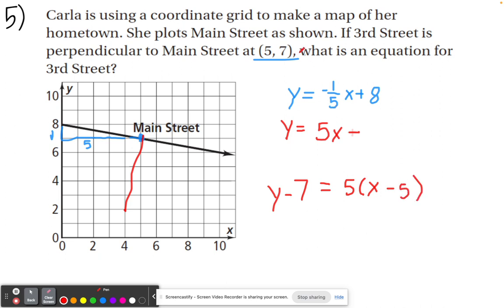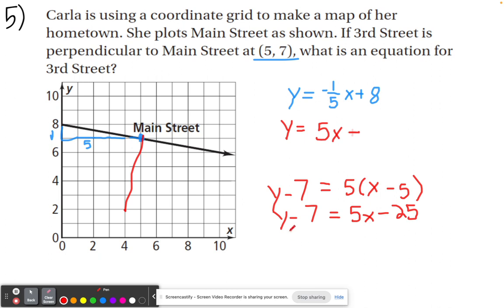Because there's my y value, and here's my x value. Distribute. 5 times x is 5x. 5 times negative 5 is negative 25.